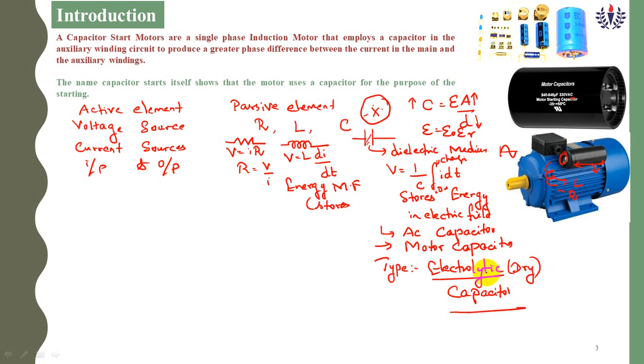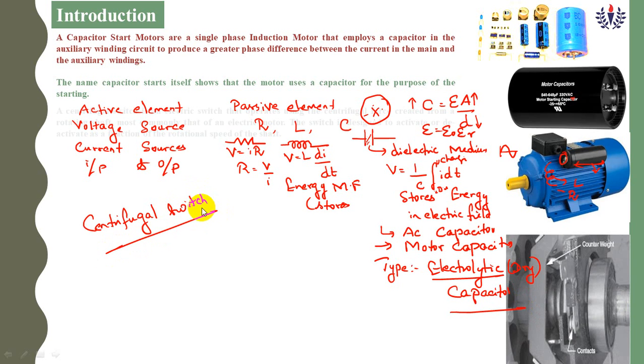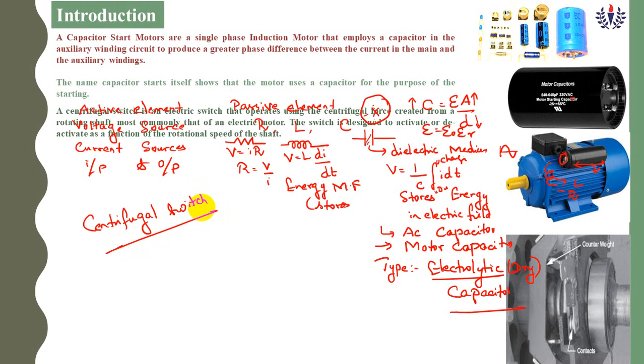Another thing we are using along with this capacitor is a centrifugal switch. The definition of the centrifugal switch: it is an electric switch that operates on the centrifugal force created from the rotating shaft. It is mostly used in electric motors.